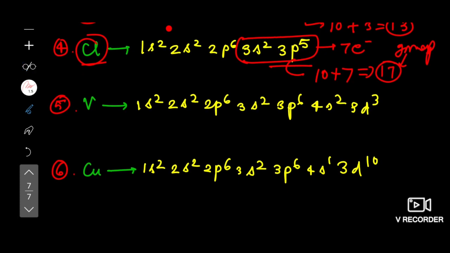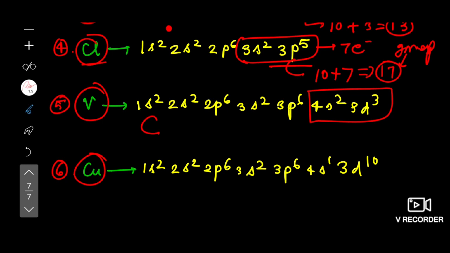Now take examples of D block elements, vanadium and copper. In vanadium, the valence shell is this, the outermost electronic configuration 4s2 and 3d3. Since the last electron has entered into the d subshell, we predict that this is a D block element, and the valence electrons are a total of 5.